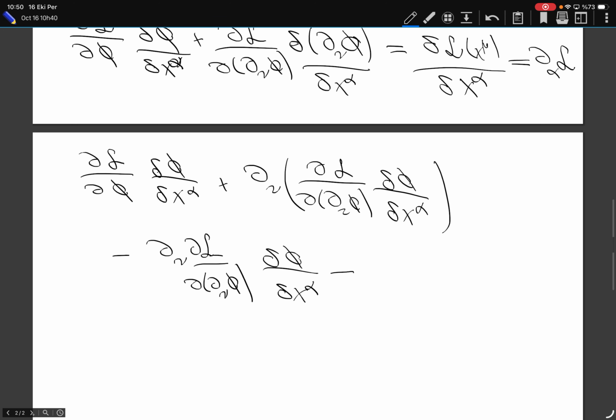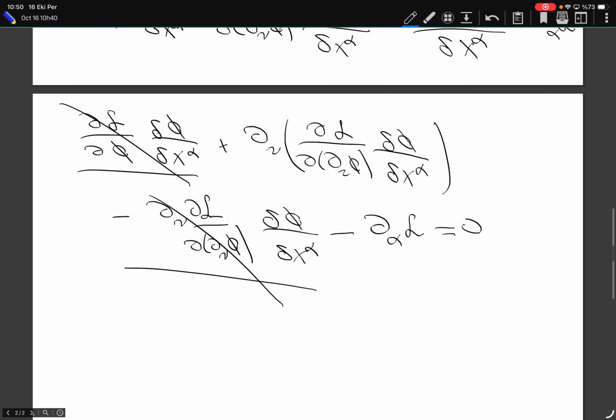Let me also move the del alpha to the left. This should be equal to 0. Well, this term and this term, they will cancel each other thanks to the equation of motion. So I can just cancel them.